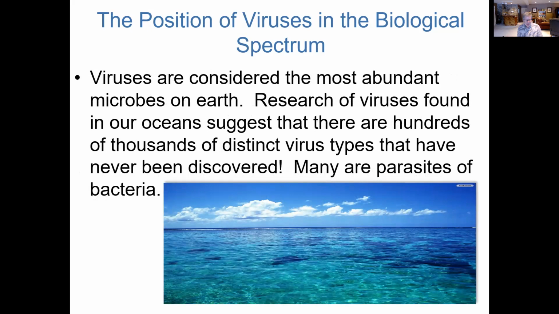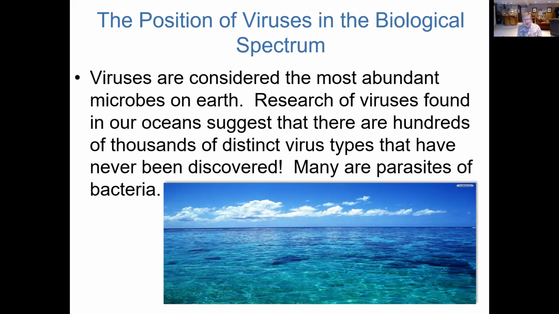One of the earlier editions of your textbook in this chapter had a little blurb about viruses in the oceans, and that's why I just kept this slide. But your text doesn't really say too much about it, and I wish they had, because it's kind of interesting. I didn't realize that in terms of unnamed, unresearched, undiscovered viruses, if I was a virologist, I would probably go to the oceans to study the myriad of viruses that exist there that have never been studied.